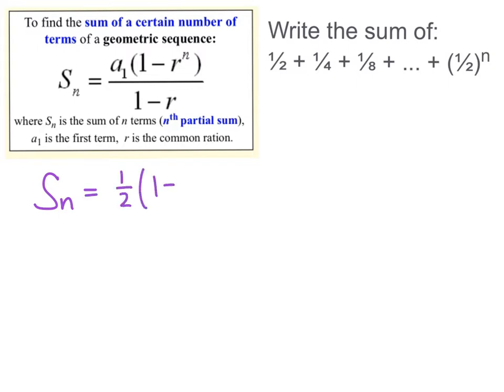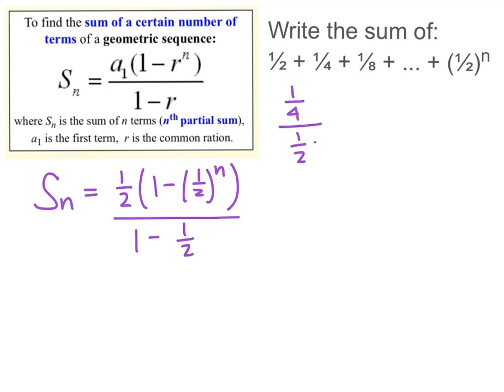I'm going to do 1 minus 1/2 to the n, all over 1 minus 1/2. I know my common ratio is 1/2 because I have 1/4 all over 1/2. If I multiply that by 2 over 1, that's going to cancel. I get 2/4, which is 1/2. Or I can just look at it and know that I'm multiplying by 1/2 each time.